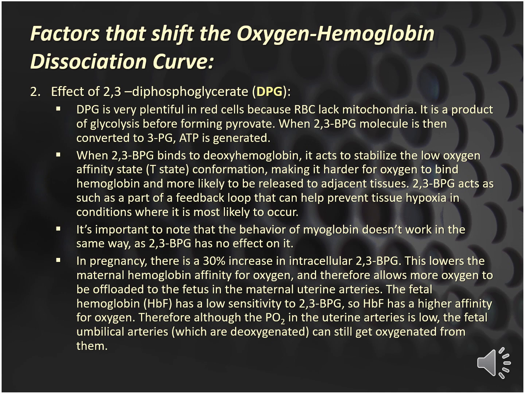Therefore, although the partial pressure of oxygen in the uterine arteries is low, the fetal umbilical arteries, which are deoxygenated, can still get more oxygen from the maternal blood.